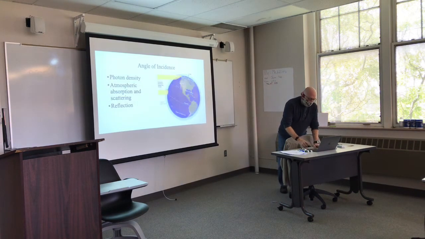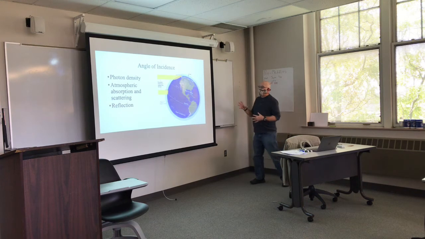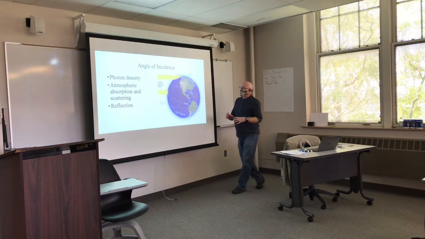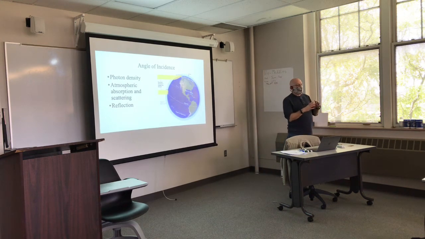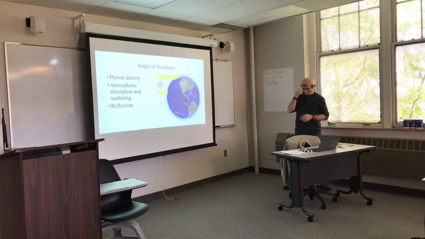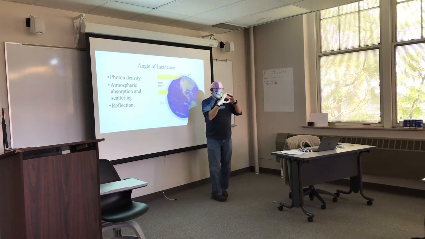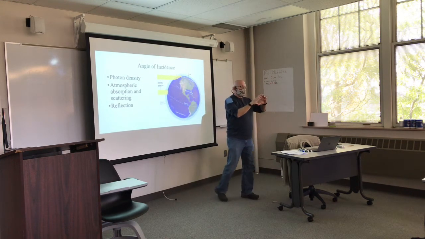So when we think about how much sun is actually striking the surface of the Earth, the amount of solar energy is influenced by three primary factors. Photon density refers to how dense the photons are as they hit the surface of the Earth.